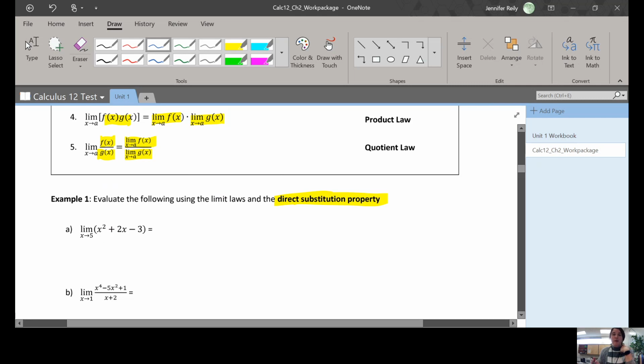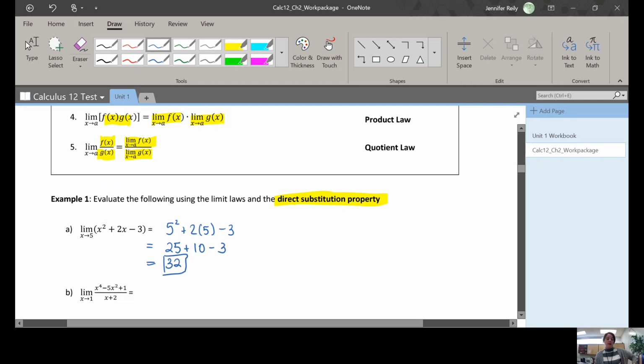It's going to be defined everywhere. We're interested in what the function is approaching as x goes towards 5. If I just try plugging in 5, so 5 squared plus 2 times 5 minus 3, this is 25 plus 10 minus 3. This is 32. And so this is defined. There's no problem doing that. Then 32 is the actual answer.